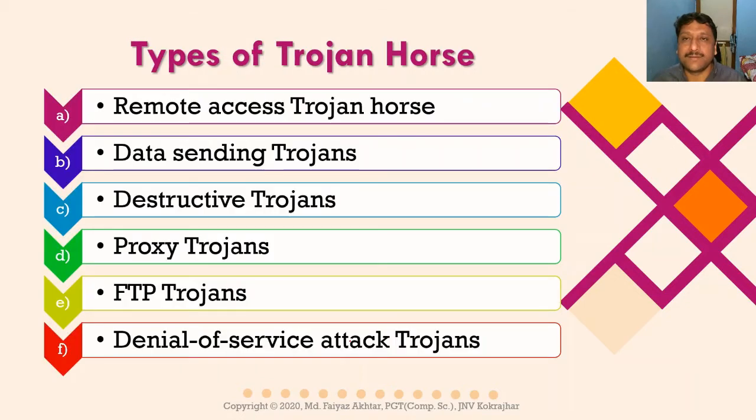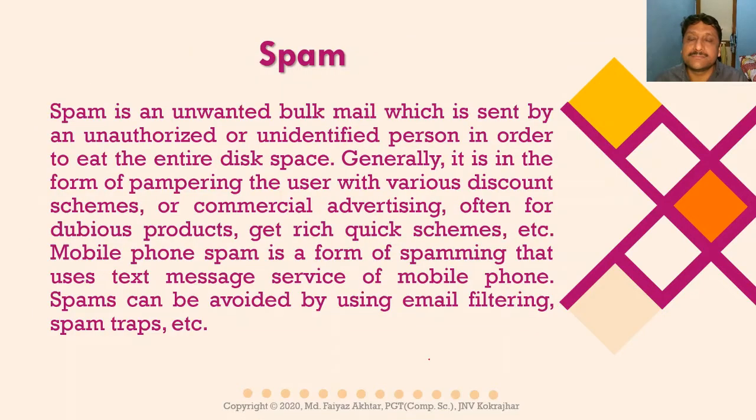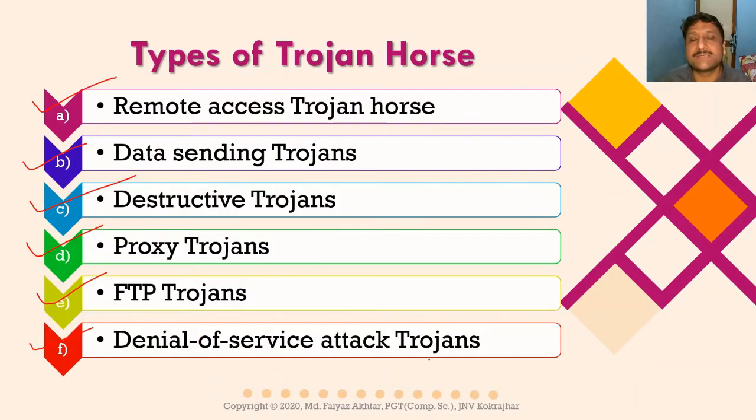Now, how many types of Trojan Horse virus are there? First is the remote access Trojan horse, then data sending Trojans, destructive Trojans, proxy Trojans, FTP Trojans, and even denial of service attack Trojans. So many types, and the prevention is the same: you must install antivirus software, a good antivirus software.